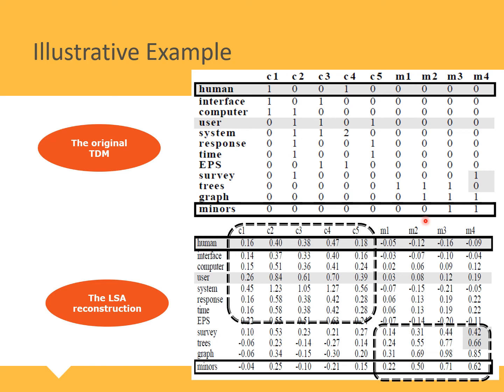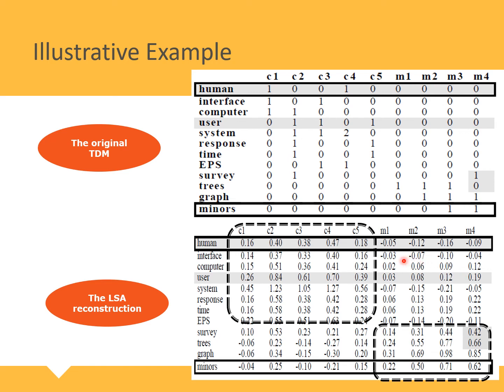Now, there are a lot of things to inspect and infer from the reconstructed matrix, and we'll go slow and go one by one. Firstly, why were we calling the matrix on the right the document matrix? Because it is the matrix on the right which helps us trim down the dimension of the documents.